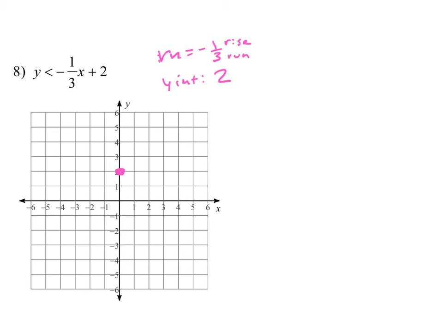What do we do next? Test a point. What point can we test? 0, 0. So we're going to plug in 0 for x and 0 for y. So 0 is less than 0 plus 2. Is 0 less than 2?